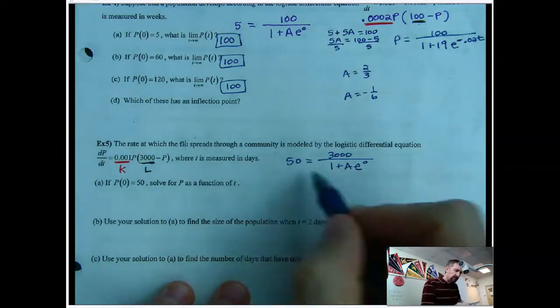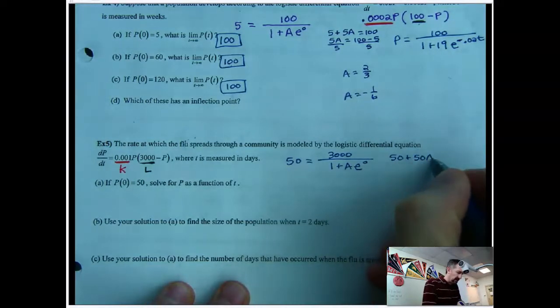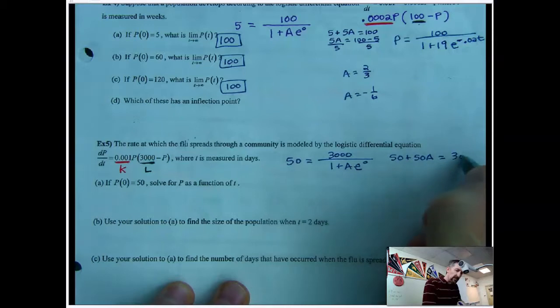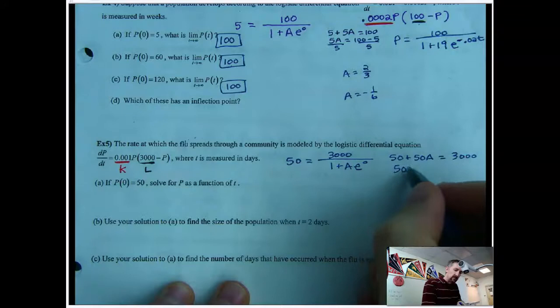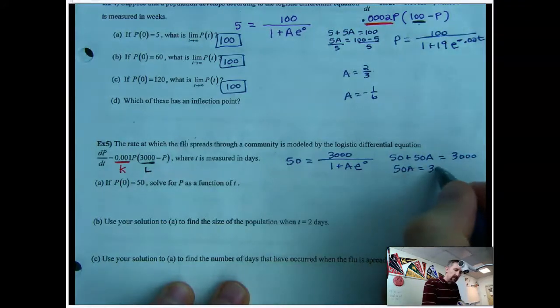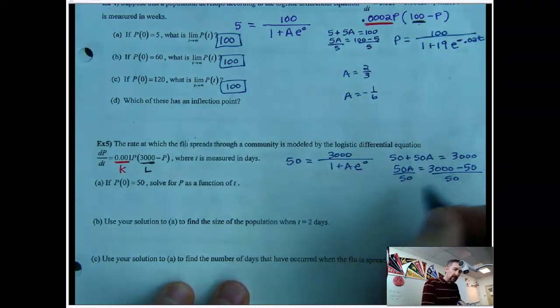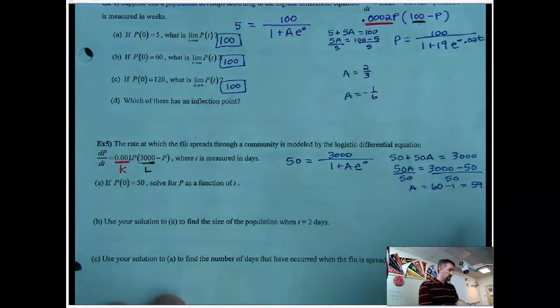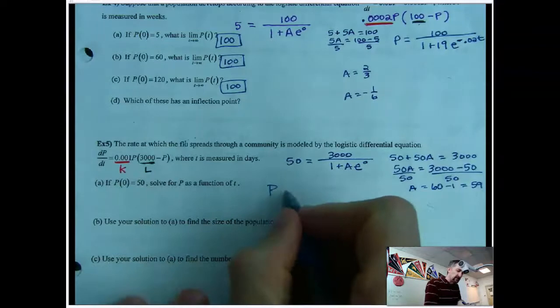So if we multiply that, that's going to be 50 plus 50A equals 3,000, very similar to the problem up here. And similarly, I'm not going to subtract the 50 into that. I'm going to leave it and divide by 50. So A is going to be 60 minus 1, which is 59.